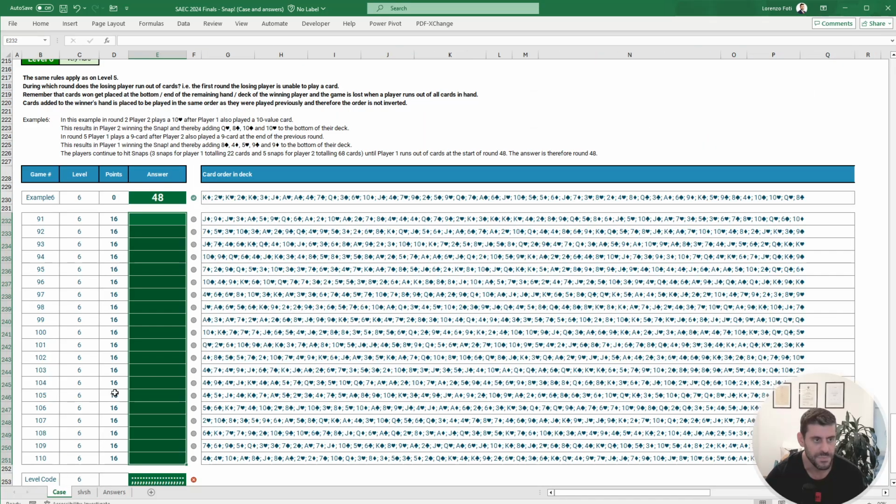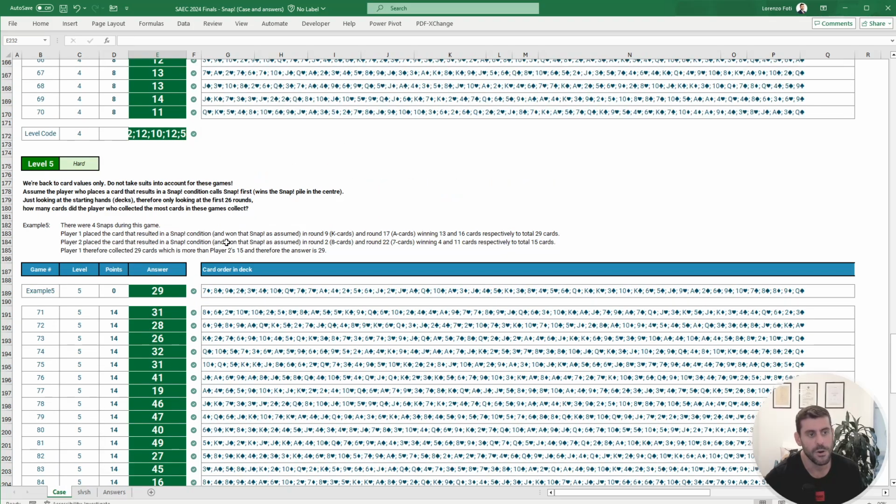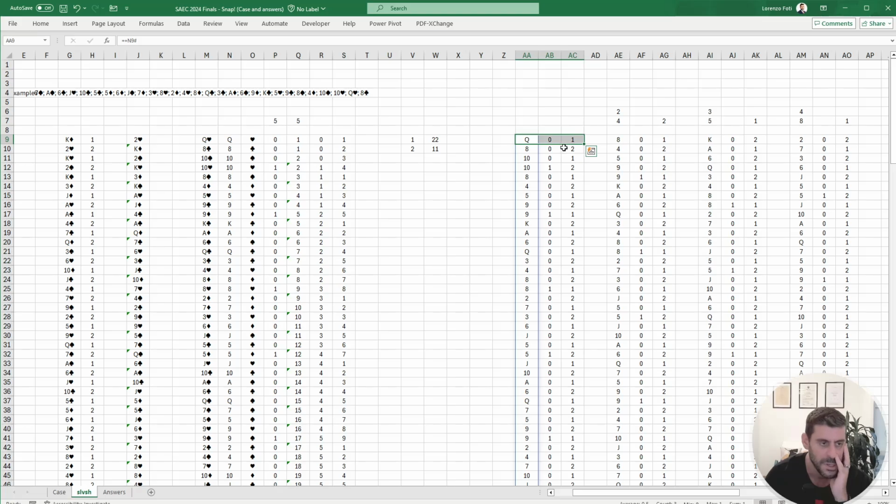So if the previous levels had asked to model beyond the first 26 rounds, maybe it might be worth taking that approach from the beginning. Very risky, because if anything goes wrong, you're lost. Yeah, I think I will have a separate go at that kind of structure and eventually upload a separate video.